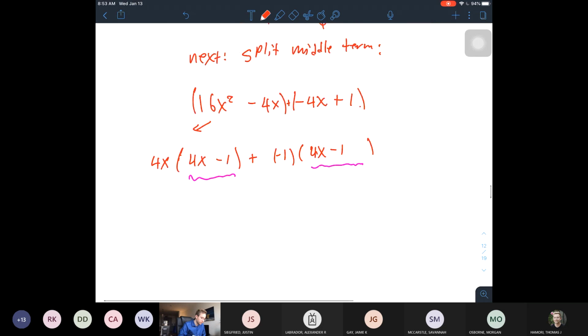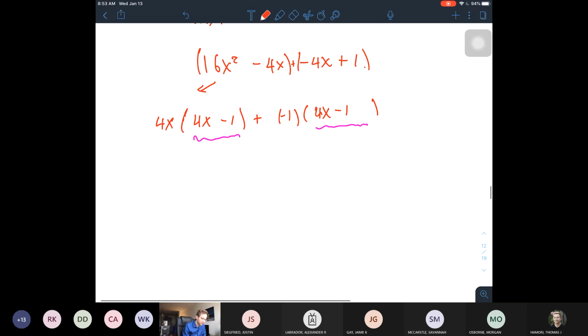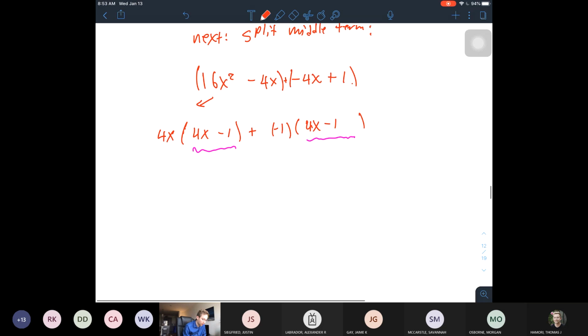Okay, and so now I have 4x times 4x minus 1 plus -1 times 4x minus 1. And what I can do now is something that sometimes I'll refer to as anti-distributing, okay? Anti-distributing. What I can do now is rewrite this. This looks like the result of distributing the term 4x minus 1 onto the term 4x minus 1.